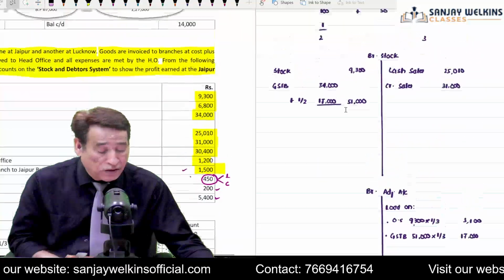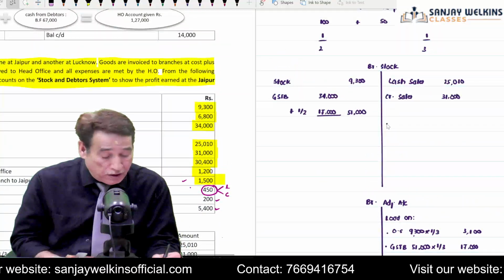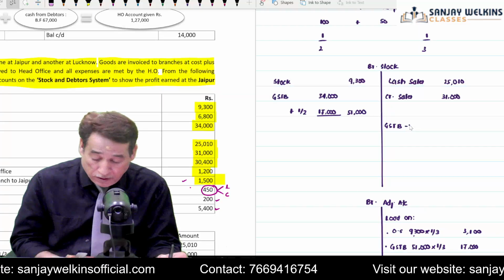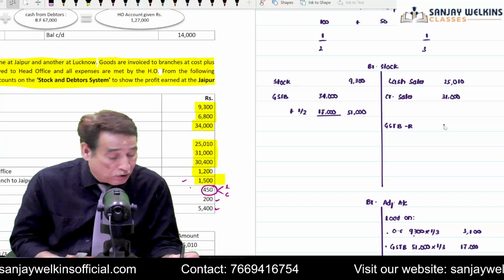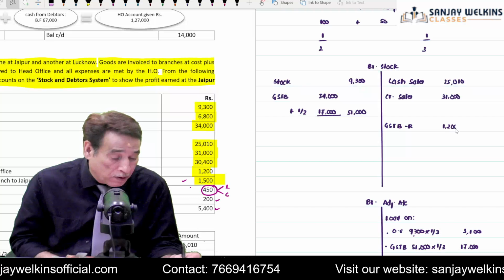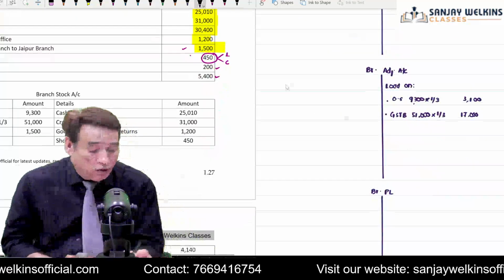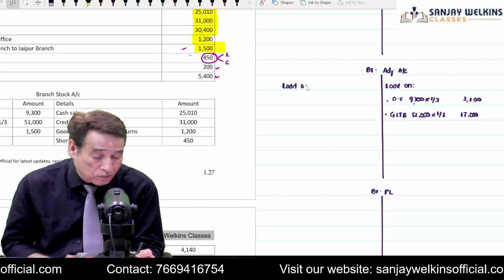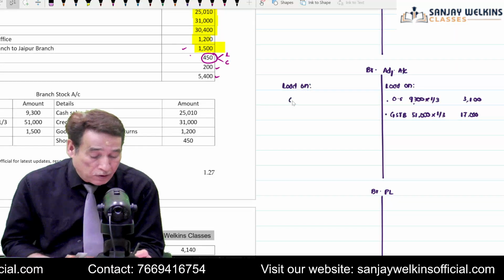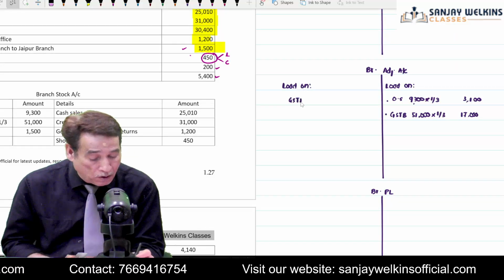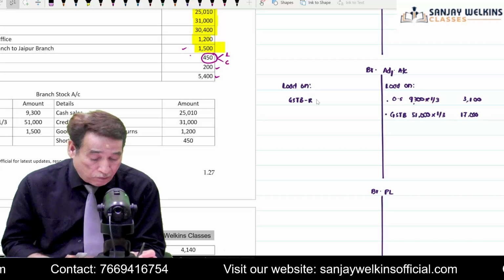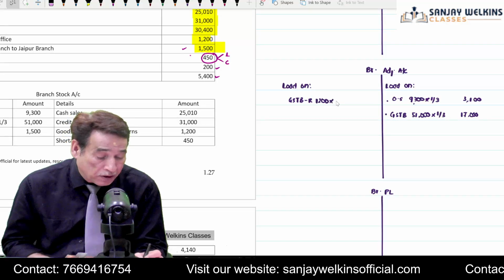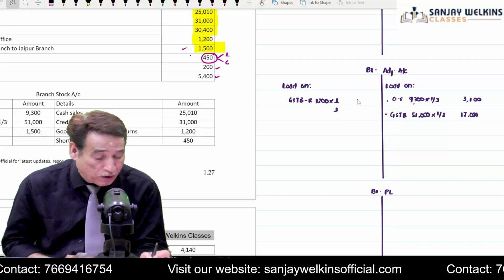So branch has returned the goods. So on the credit side of branch stock account, we will write goods sent to branch returns, and returns is equal to 1,200. So we will take the loading on goods sent to branch returns. 1,200 worth of goods have been returned to us. So 1/3, 400 will be the loading.